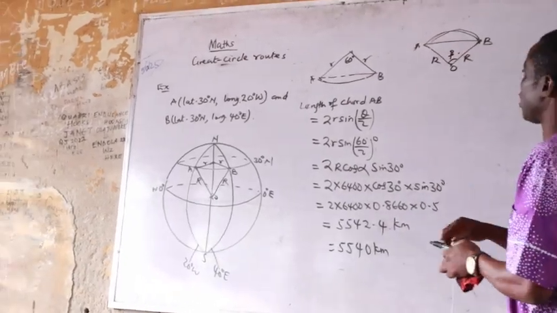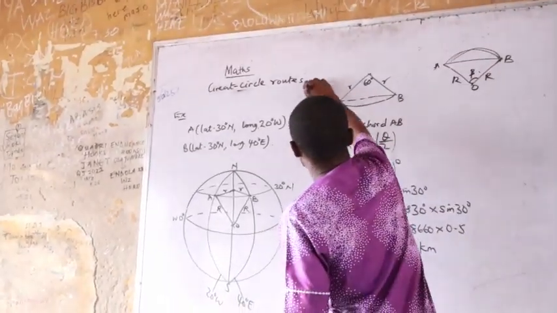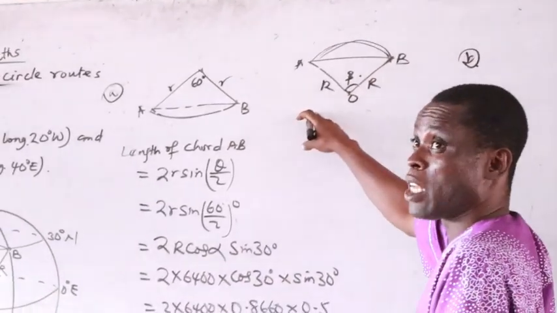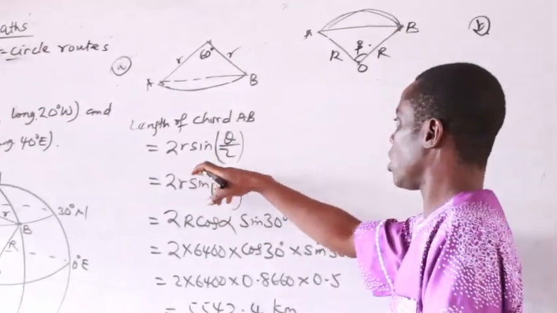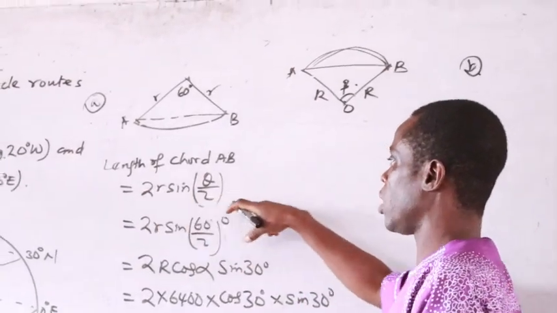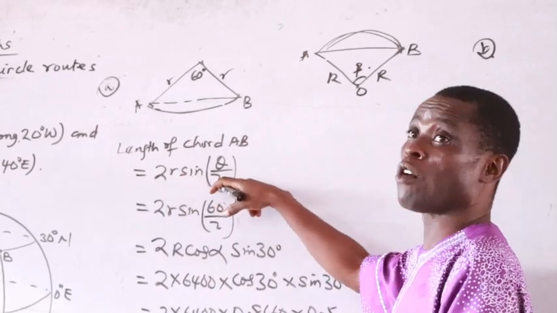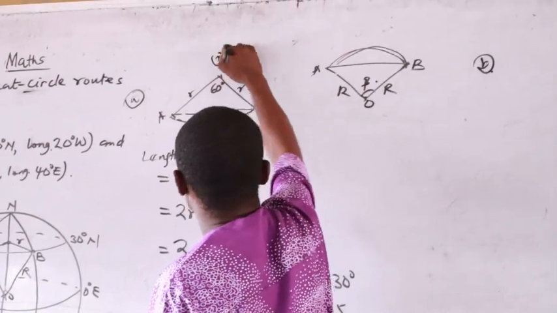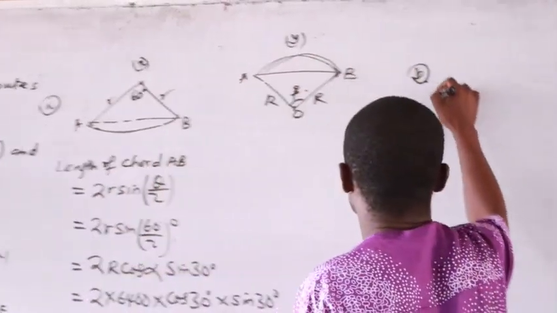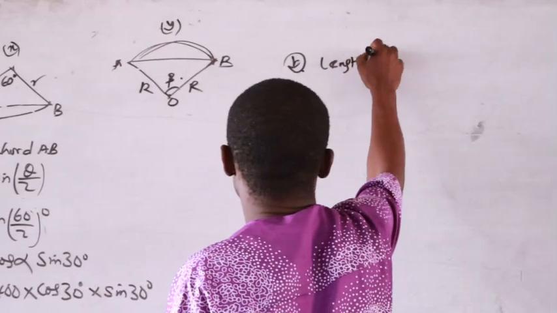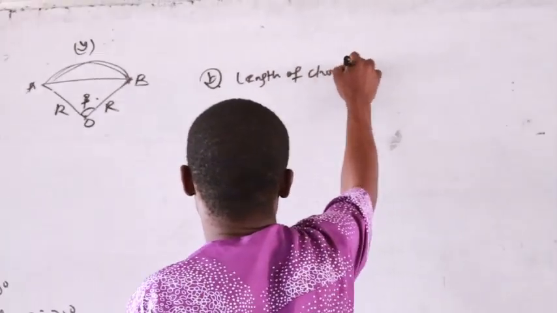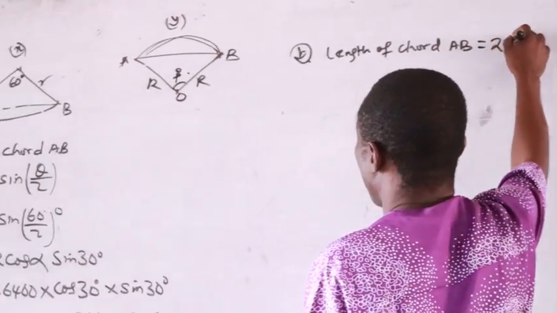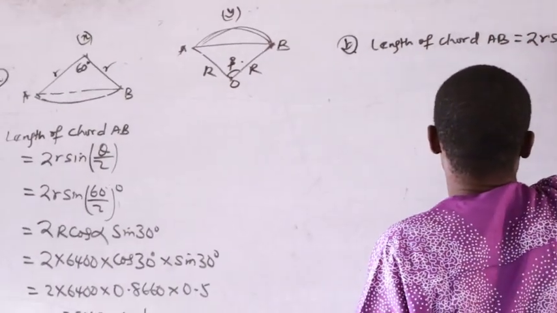Now, I want to get the second question. This is A, and this is B. I still want to use these two diagrams. From this one, the formula that we have is 2r sin theta over 2. Let me label these as diagram X and diagram Y. So length of chord AB of X is 2r sine theta over 2.